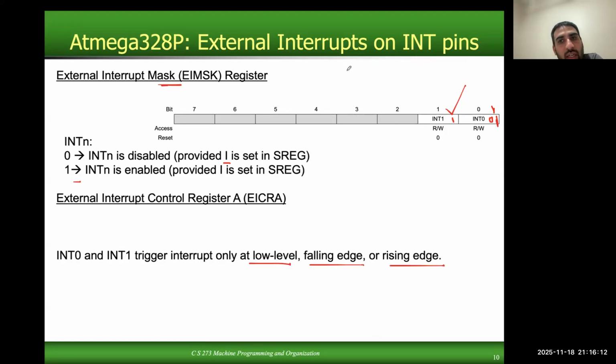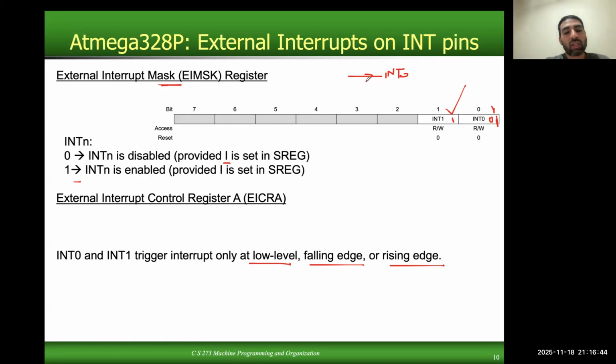You don't need to configure the pin as input or output, you only need to enable the interrupts. Even if you have configured INT0 or INT1 as an output pin, but your interrupts are enabled, then the interrupts will be raised.